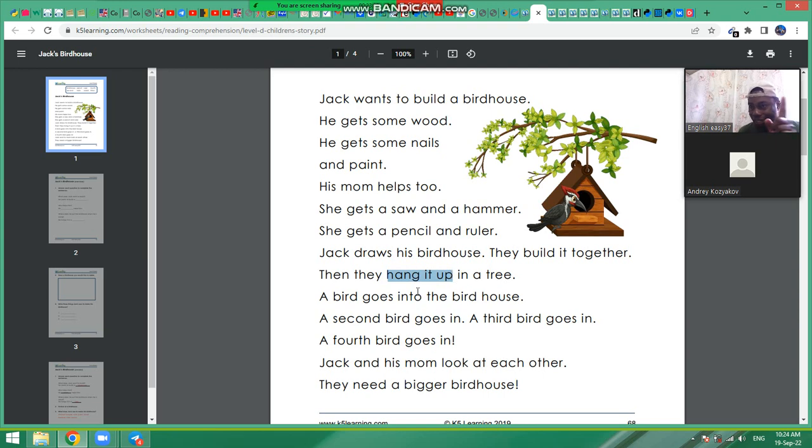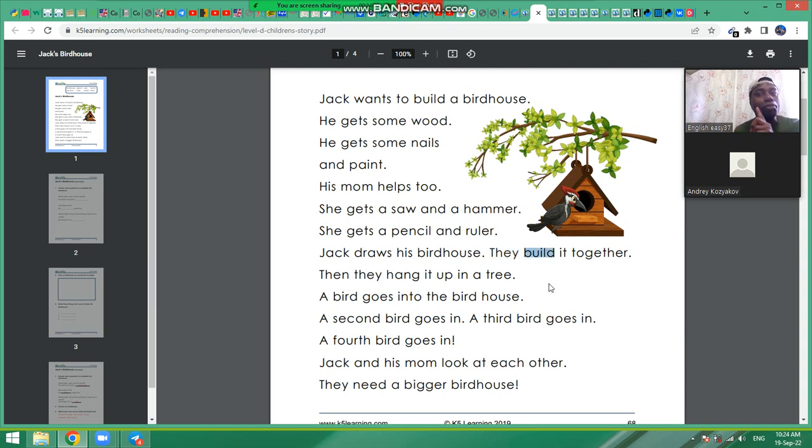Here it doesn't have S, but we have a very strange word here called they, and that is a pronoun. Notice this word, look at this very well. And we have another word here, they, and the verb build.